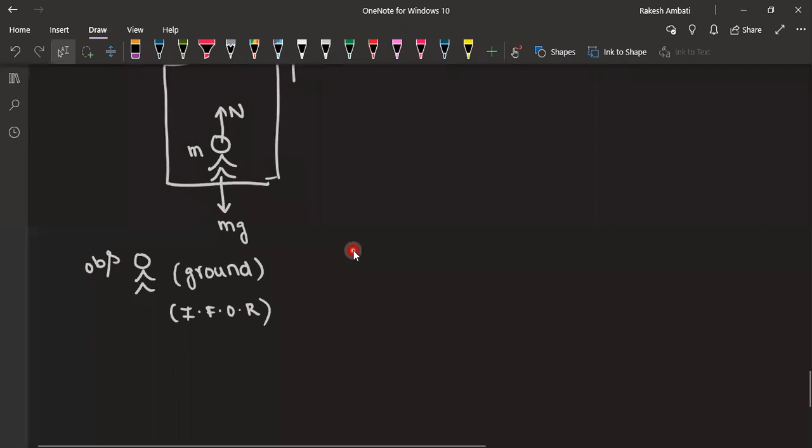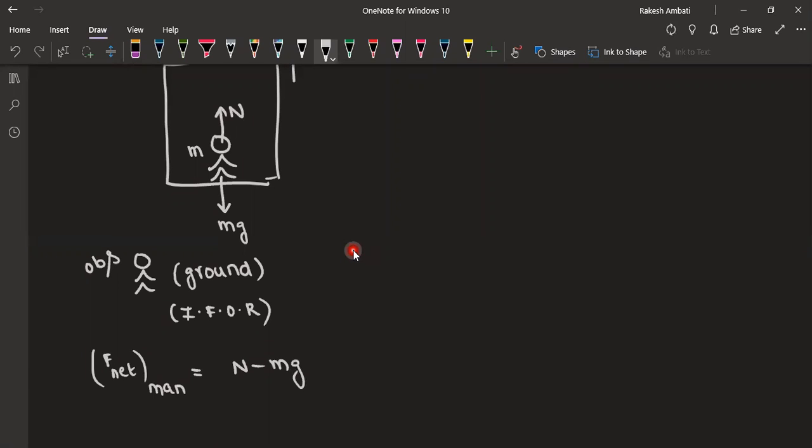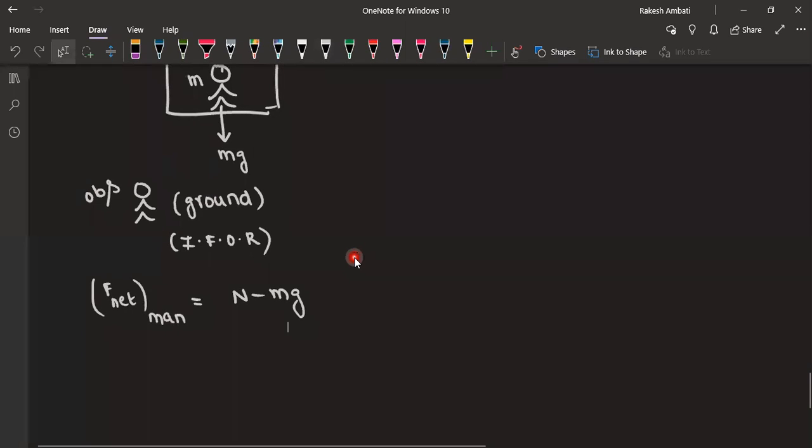Now, what is the resultant force acting on the man? N minus mg, or mg minus N? It is N minus mg. Resultant force means mass into acceleration. So the resultant force acting on the man, that is mass into acceleration, equals N minus mg.